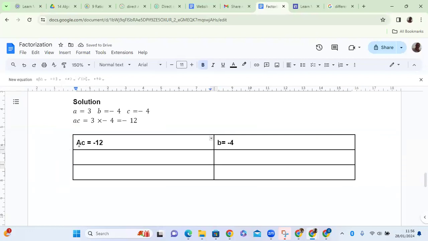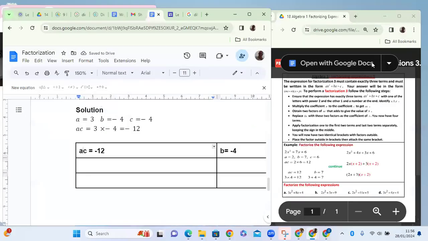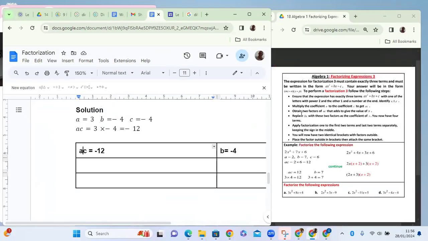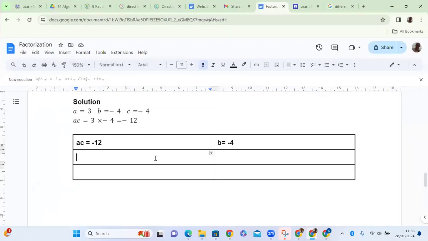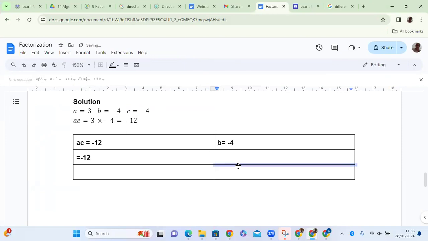Now, as it says, we want 2 factors of ac, a pair of factors. When you multiply, you have to get negative 12. And when you add, you have to get b. So when we multiply, we must get negative 12, but when we add, those 2 factors must equal negative 4.